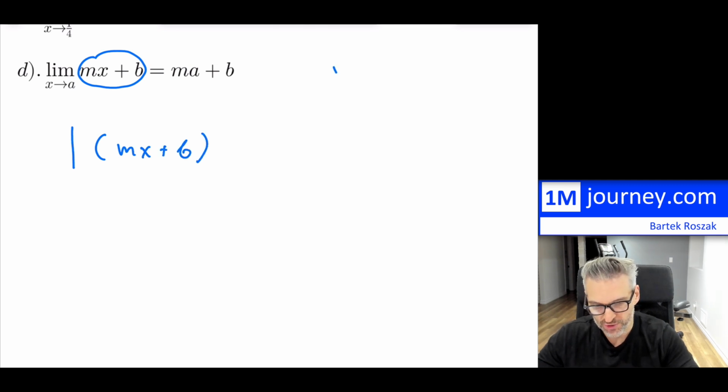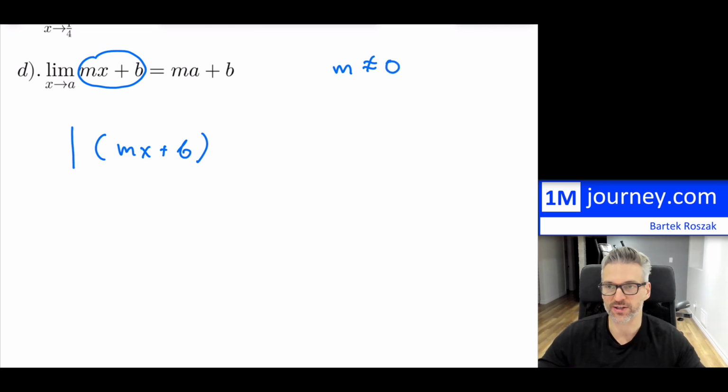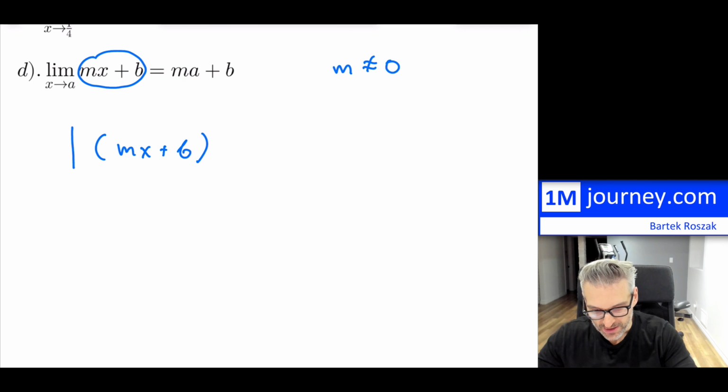We are going to assume that m is not equal to 0, because then we wouldn't have a linear function. It would just be a constant, b, a flat line for the y. So here we assume that the slope is not 0. It is actually something. Now, minus ma plus b.